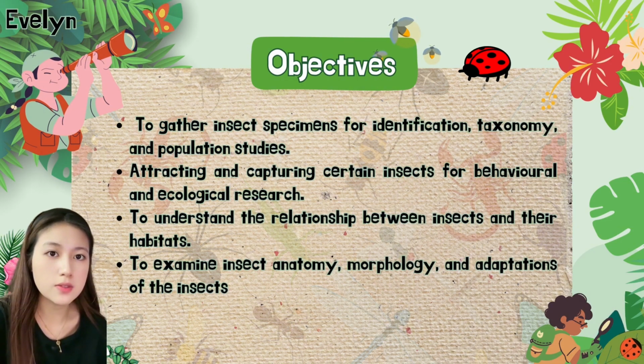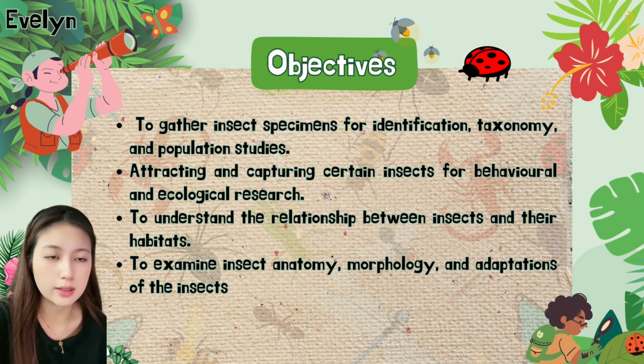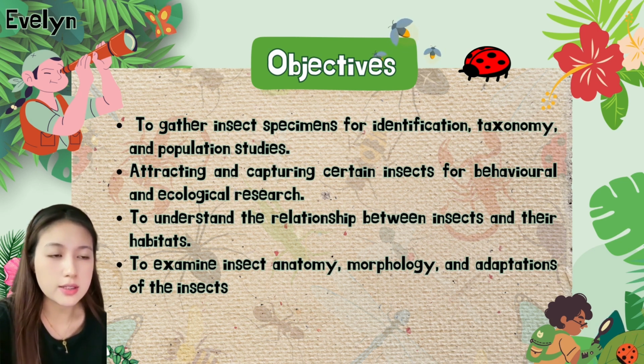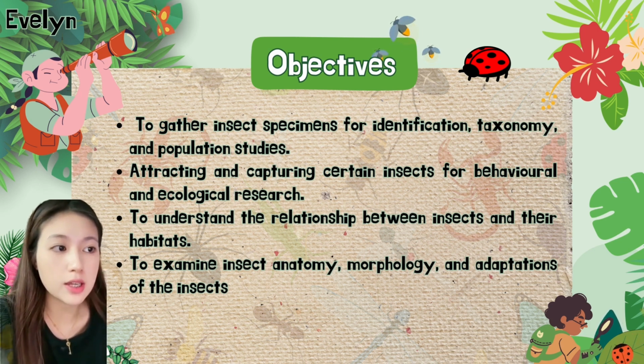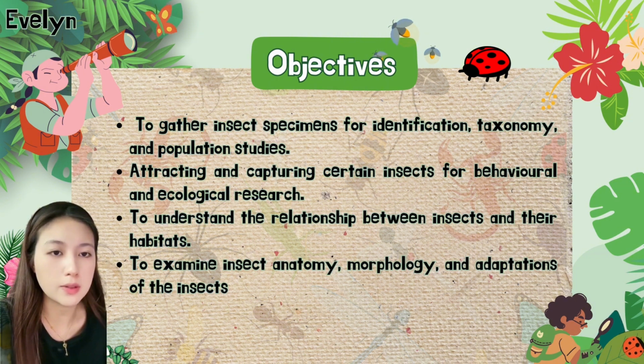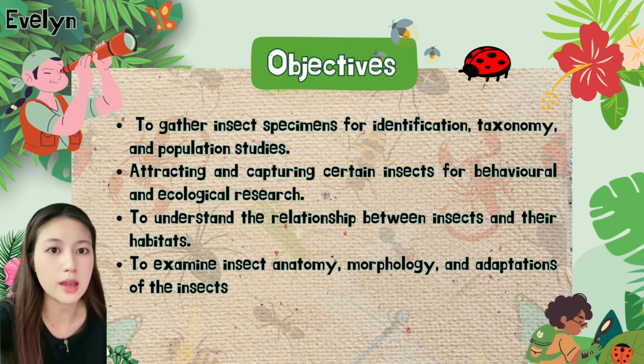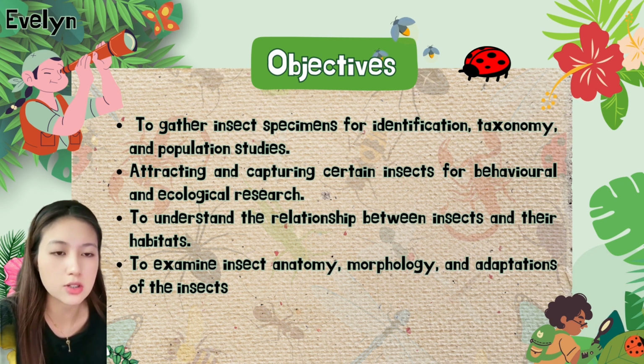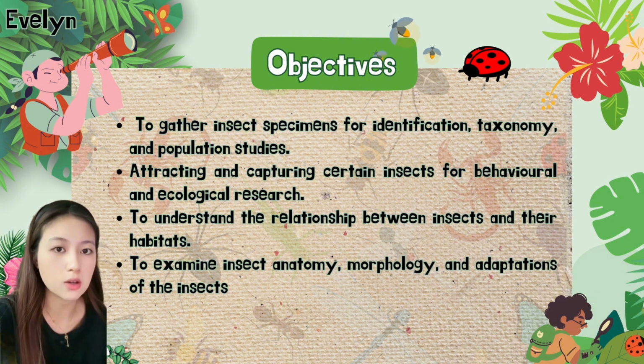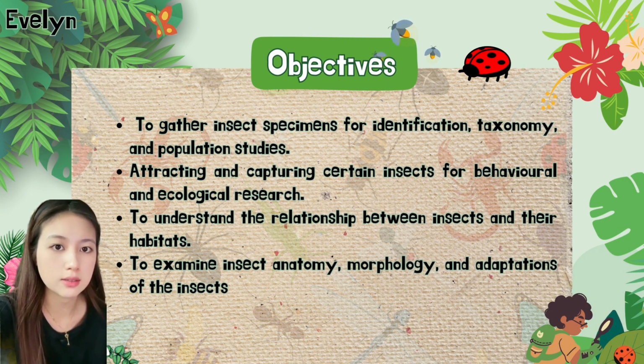The objectives of ecological field techniques are to gather insect specimens for identification, taxonomy, and population studies. Furthermore, we are able to attract and capture certain insects for behavioral and ecological research. We are also able to understand the relationship between insects and their habitats, and finally, to examine insects' anatomy, morphology, and adaptation.